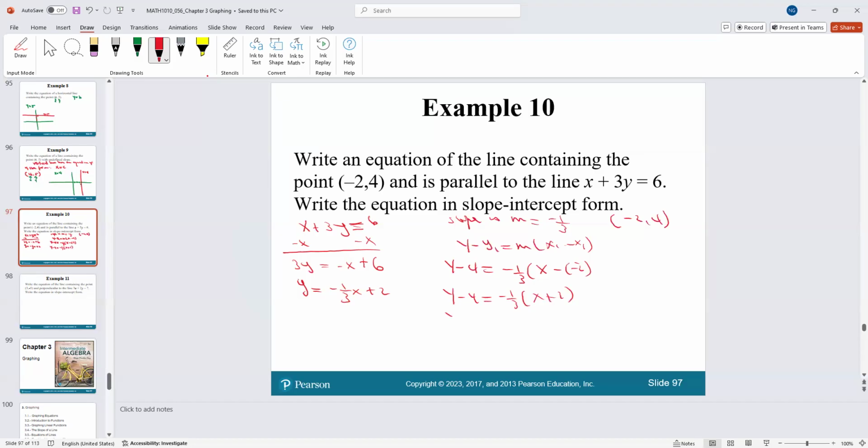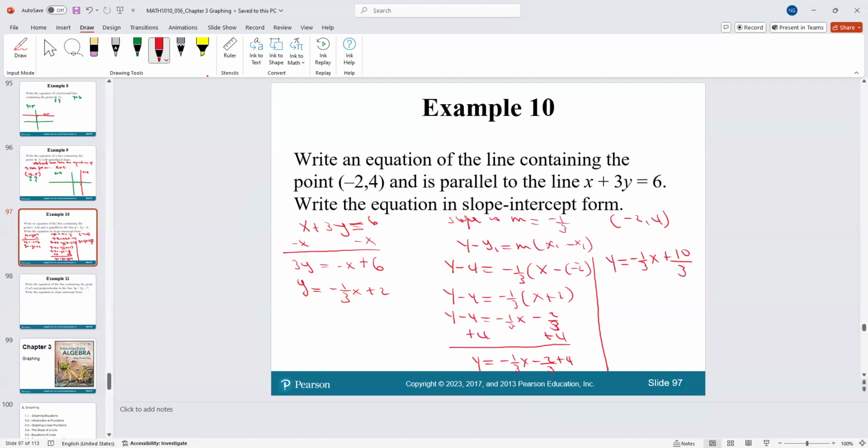First of all, you need to distribute: y minus 4 equals negative 1/3 of x minus 2/3. We're almost there. How about we add 4 to both sides? When you add 4 to both sides, you only have y on one side: negative 1/3 of x minus 2/3 plus 4. 3 times 4 is 12, minus 2 is 10. So y equals negative 1/3 of x plus 10/3.